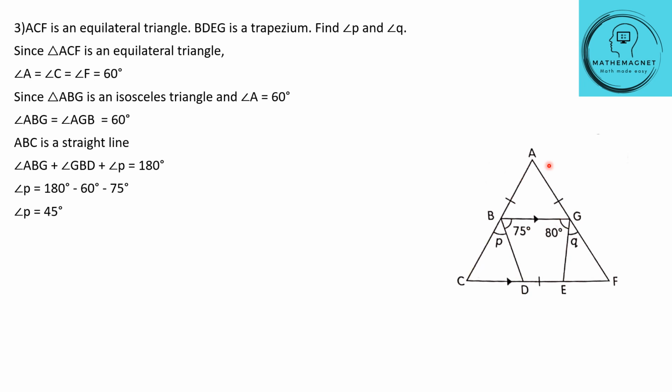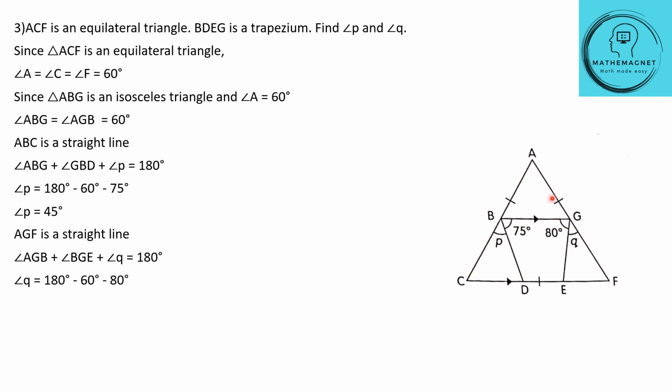Now the same logic will apply on this side of the triangle's base as well. So which means AGF is a straight line. We can say angle AGB plus angle BGE plus angle Q is equal to 180 degrees. Now angle Q will be 180 minus 60.